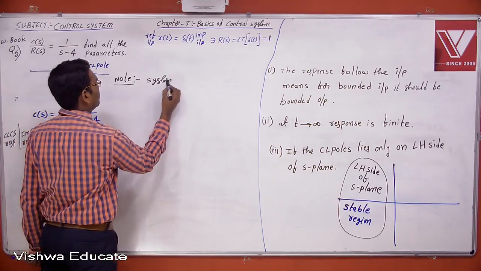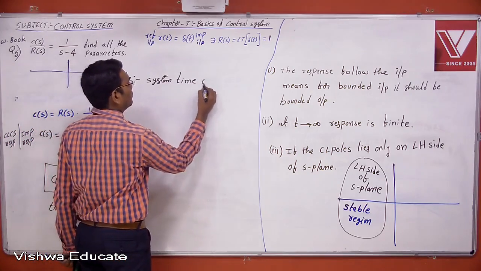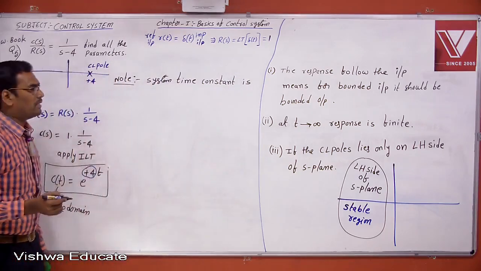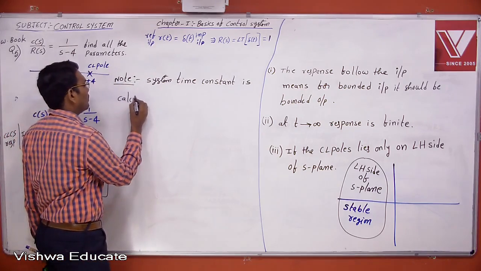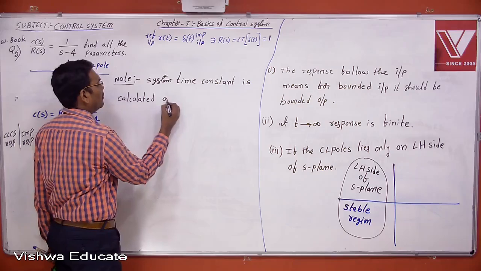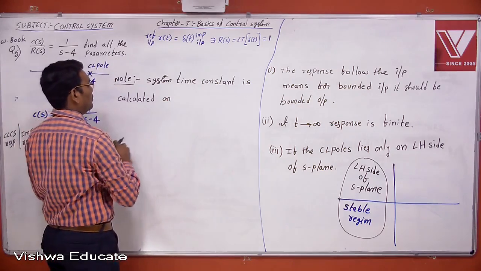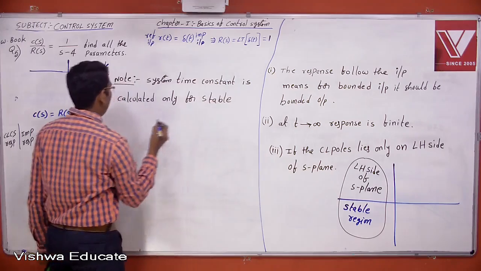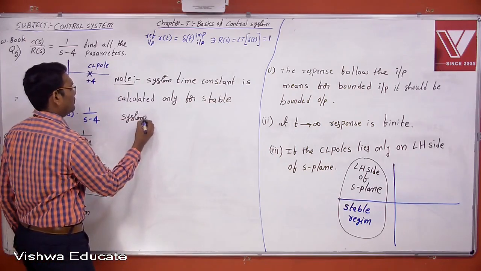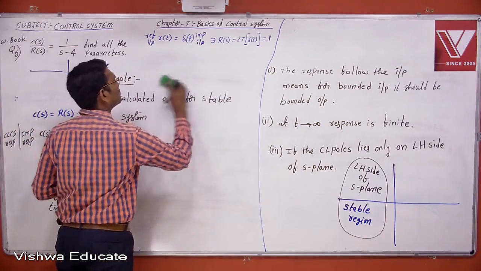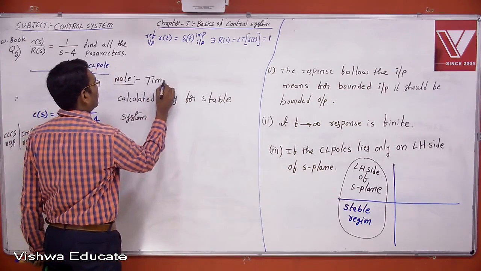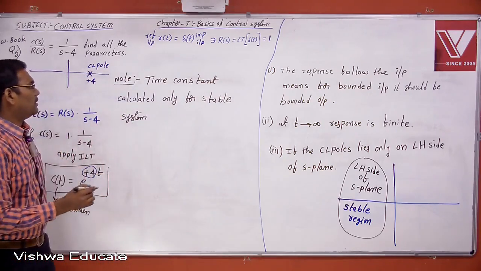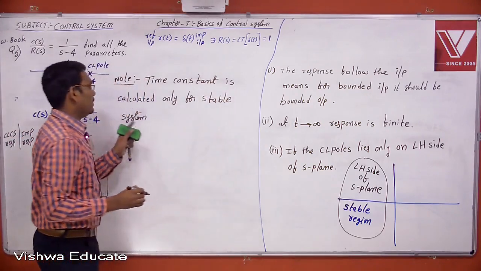System time constant is calculated only for stable systems.